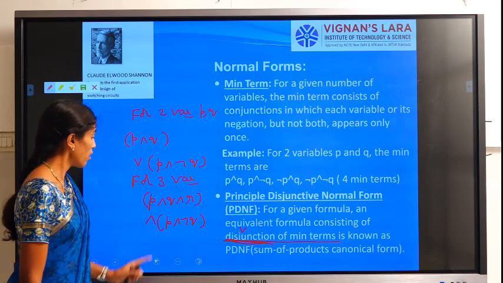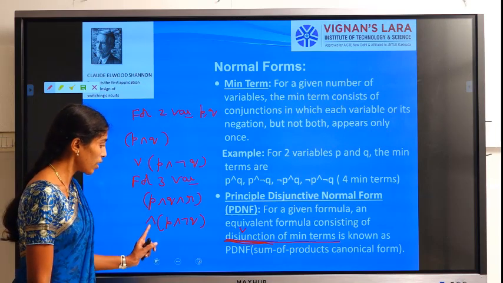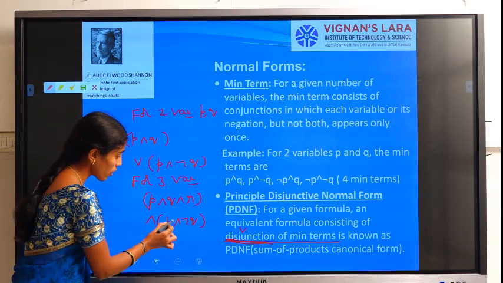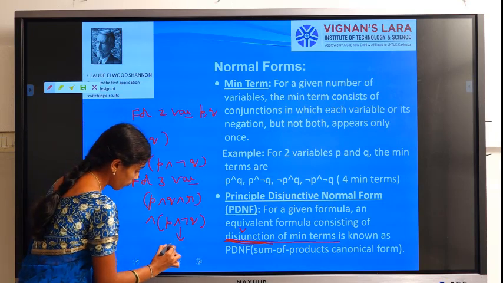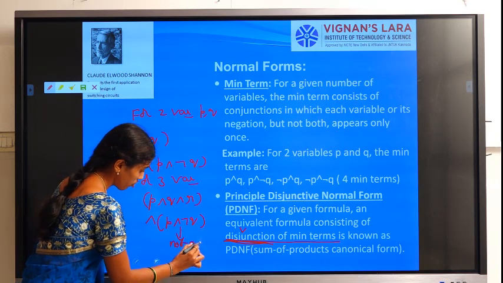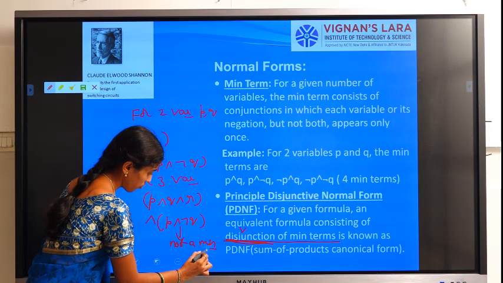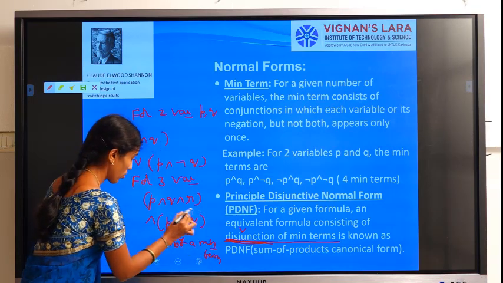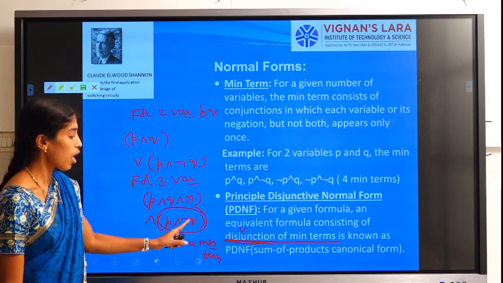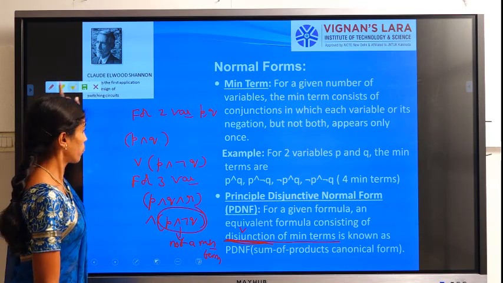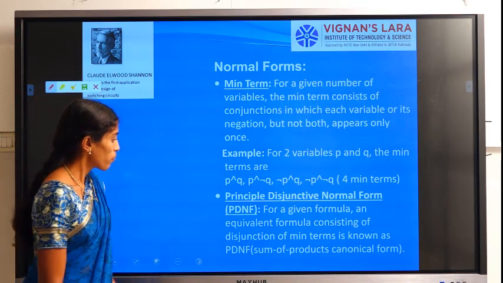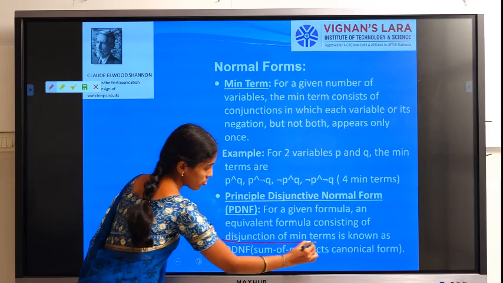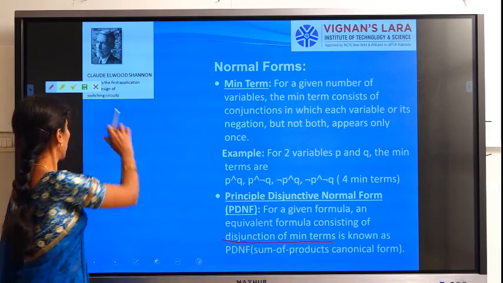Even if I join these two by the OR symbol, the second one is not a min term, because the variable is missing here. So PDNF means it is a disjunction of min terms.